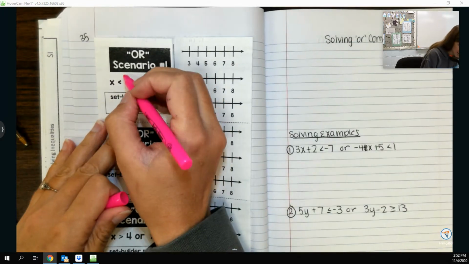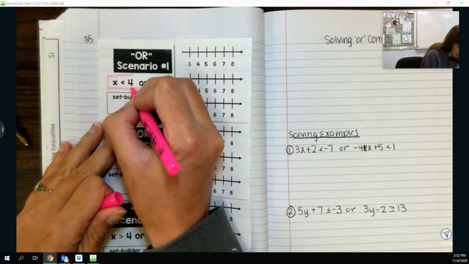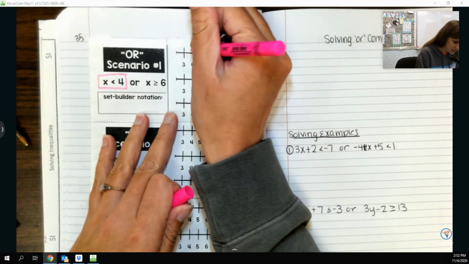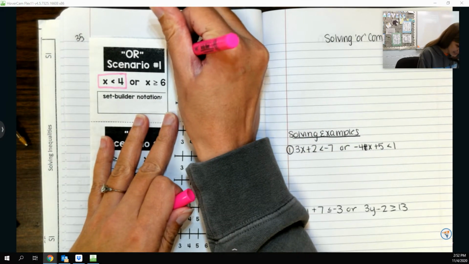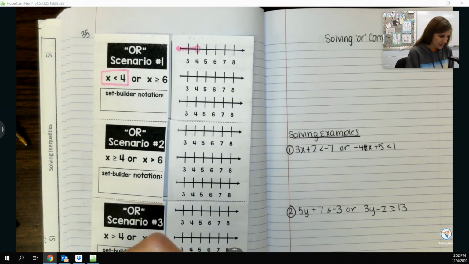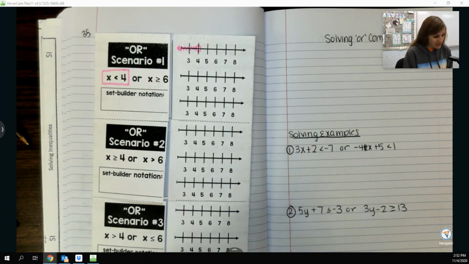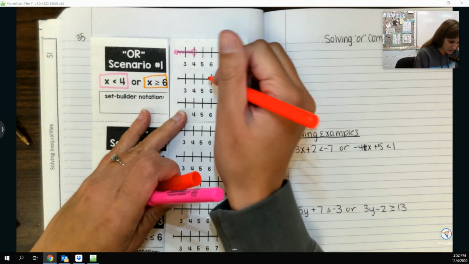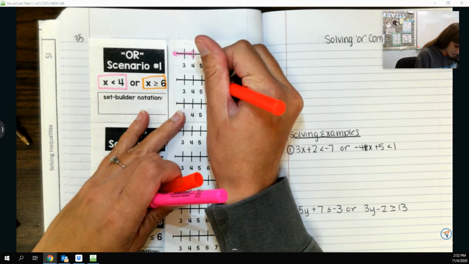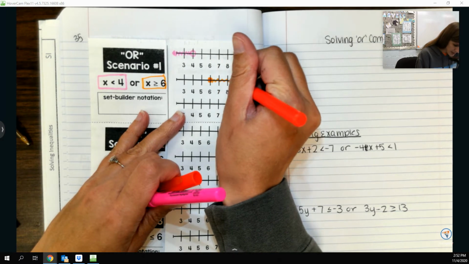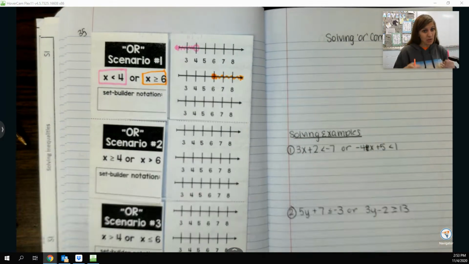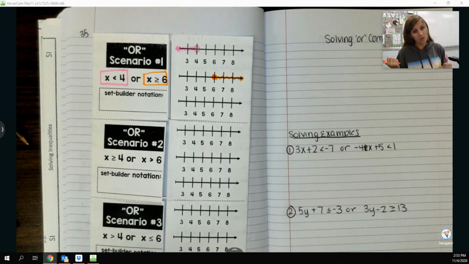So looking at our first scenario here, we're saying that it's cool, X can be less than 4, so like this. Or it's cool, X can be greater than or equal to 6. So equal to is a filled in circle, and we'll go this way. So basically I can take both those graphs because I can be less than 4, or it's cool and you can be greater than 6.